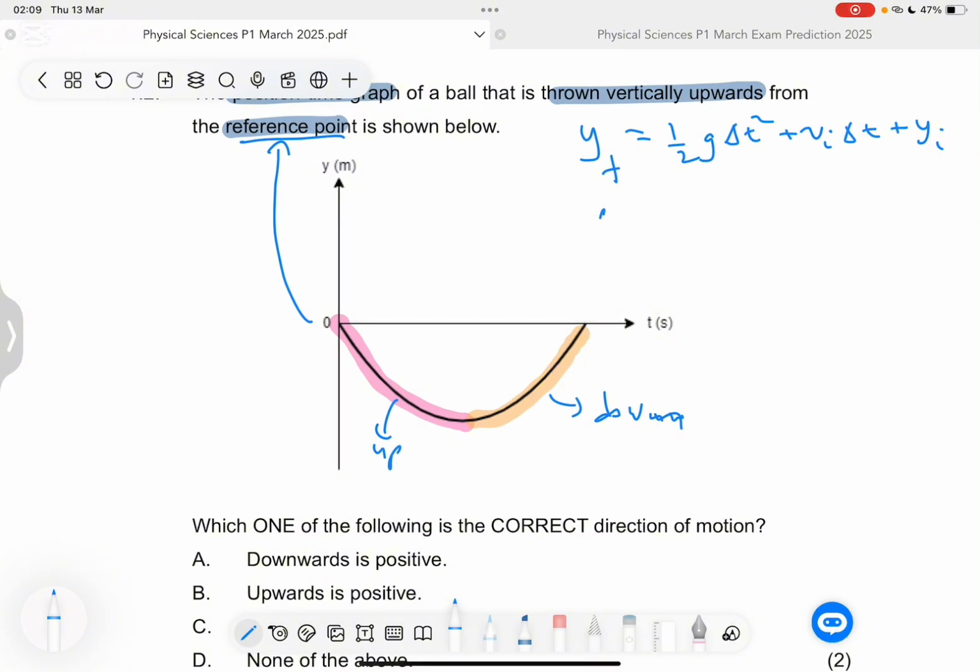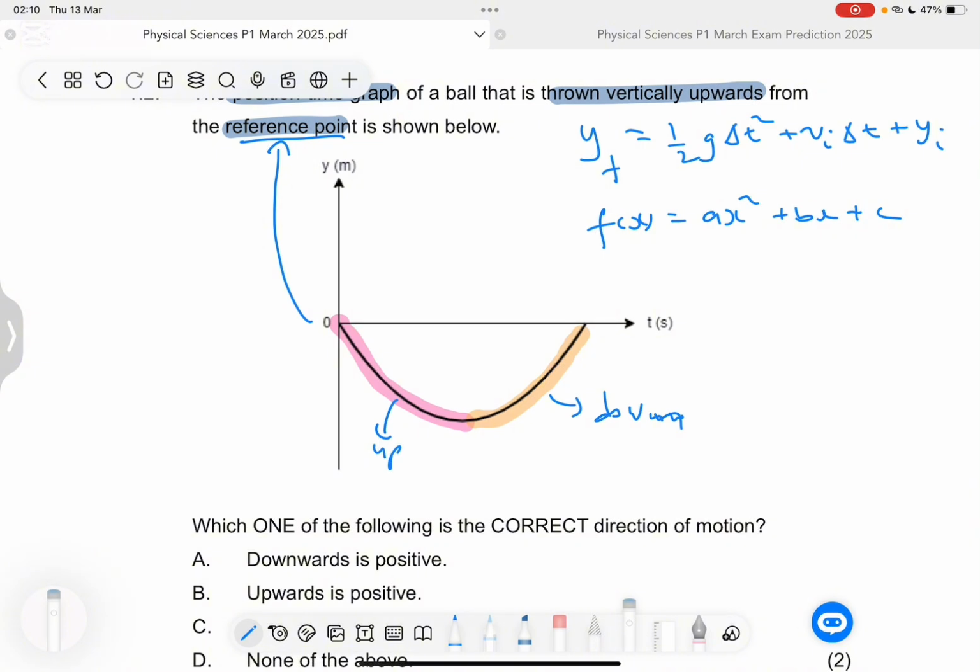And we said this graph is exactly the same as f of x equals ax squared plus bx plus c. Now when you compare these two, f of x is the final position, a is 1 over 2 g, x squared is t squared, b is the initial velocity, x is the time, and c is the initial position of the object. In this case, it is at 0, the reference point, where the graph intersects the y-axis.